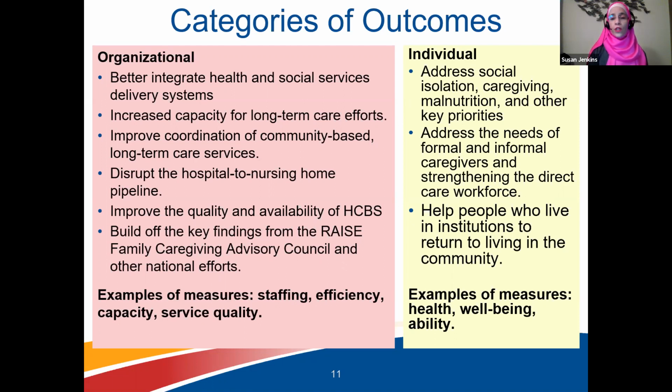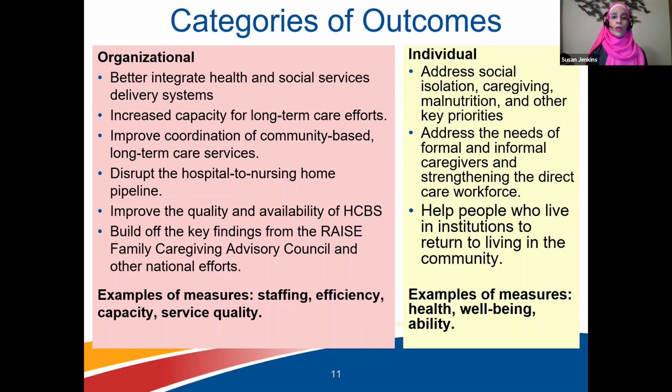So we have the individual level outcomes, and these statements on the slide are from some of the topic areas in the state plan. But for individual level outcomes, addressing social isolation, so reducing social isolation, improving caregiving, reducing malnutrition, and focusing on making changes in other priorities for individuals.